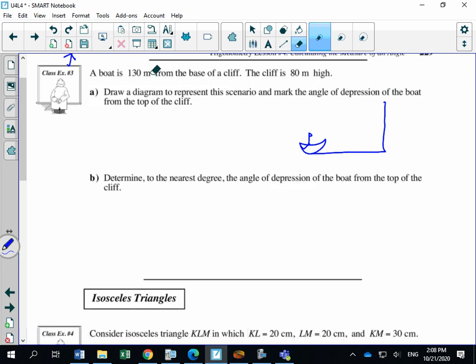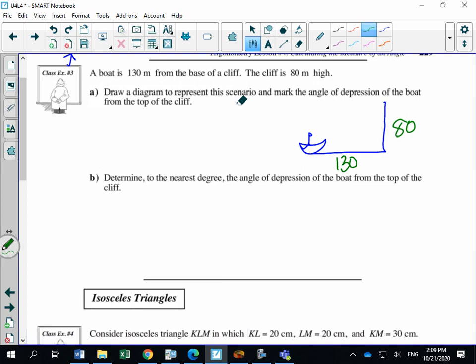The boat is 130 meters from the base of the cliff, so I'm going to put 130 meters here, and the cliff is 80 meters high, that would go there. I don't often put units on my diagrams, right? Not needed. Draw a diagram to represent this scenario and mark the angle of depression of the boat from the top of the cliff.